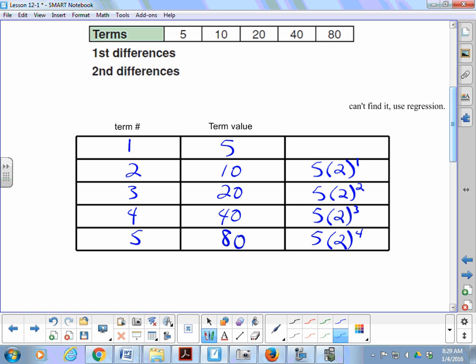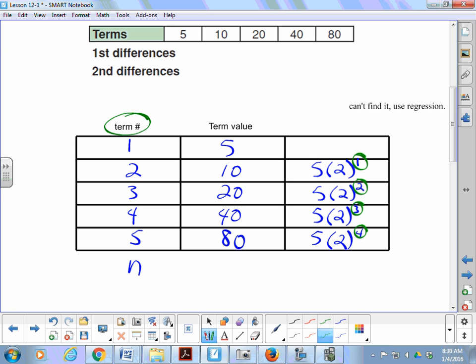All right. So, to get the nth term, we can see a pattern, right? Each one of these has a 5. They all have multiplying by 2 but raised to a power. Now the key to this is, how does the power compare to the term number that we're on? So when I'm on term 2, my power is 1.